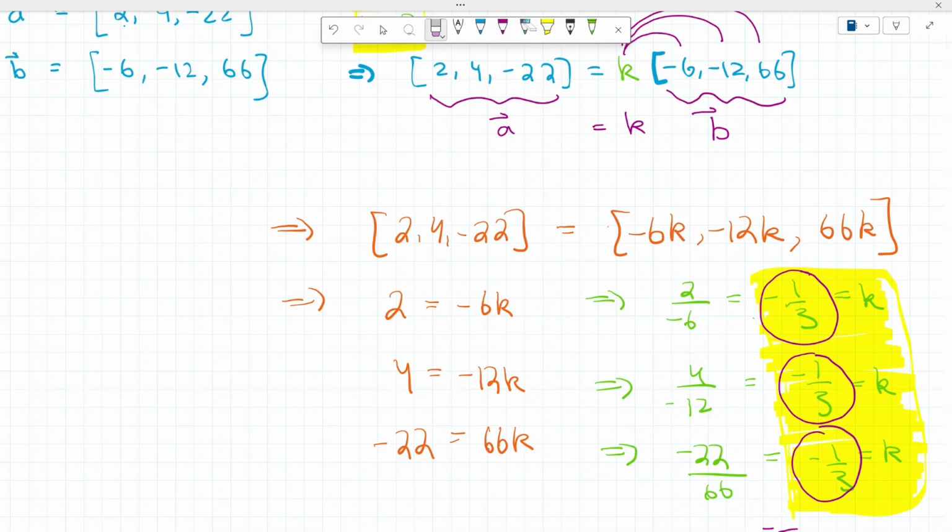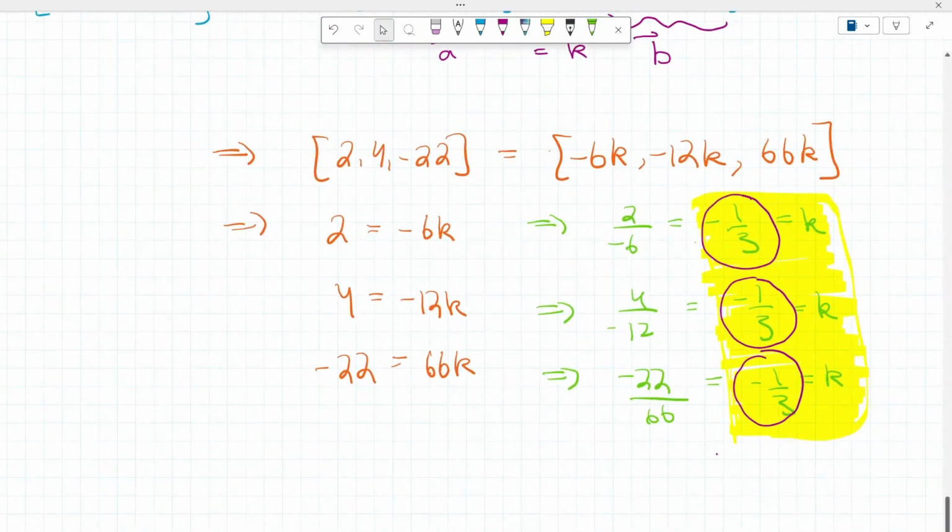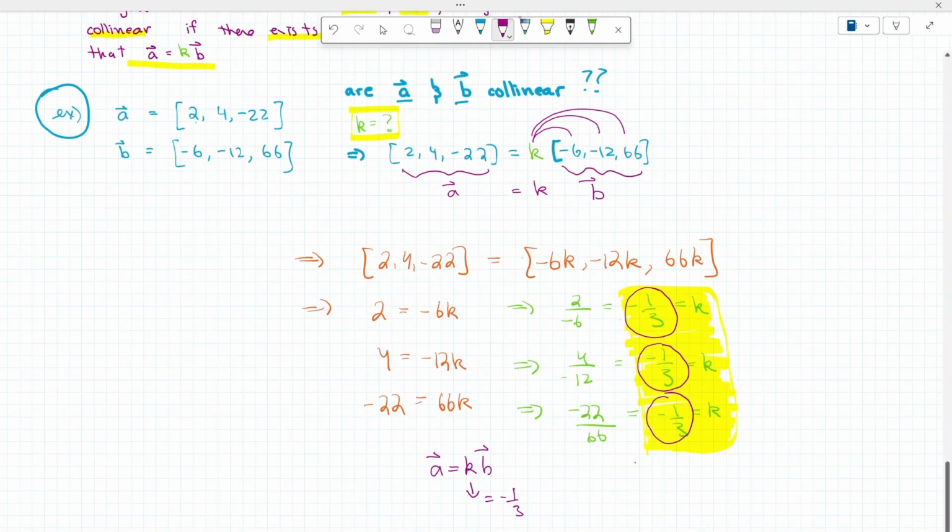But in this case, we have found such a value that allows us to have a equals kb, and that k equals -1/3. So that means we found a value k for this equation to be true. Therefore, both vector a and b are indeed collinear.